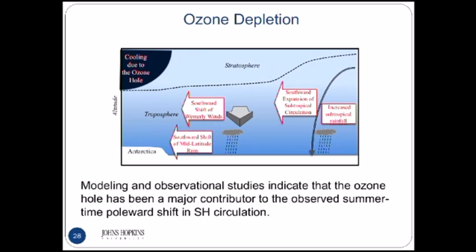Over the last few decades, there's been significant depletion of stratospheric ozone over Antarctica in September through November due to increased CFCs. We worry about ozone in the stratosphere because it absorbs UV radiation, so it's our shield.